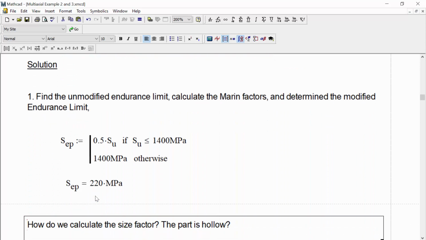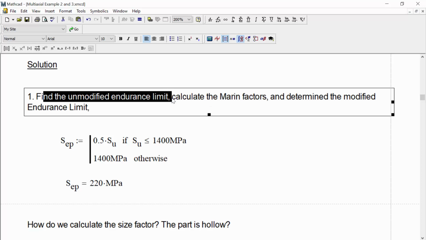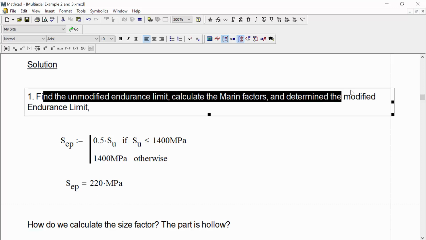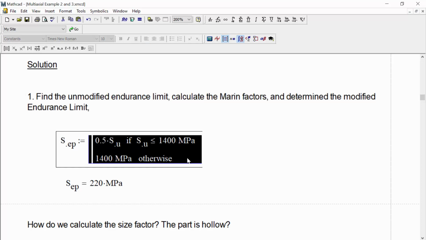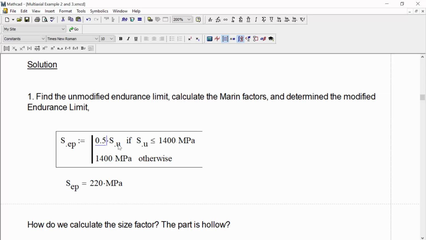We're actually going to go in the same order of our unknowns. We're going to start with finding the unmodified endurance limit, calculating the Marin factors, and determining the modified endurance limit. The unmodified endurance limit can be found using the following inequality, where it's 1/2 of the tensile strength if the tensile strength is less than 1400 megapascal, and it's 1400 megapascal otherwise.